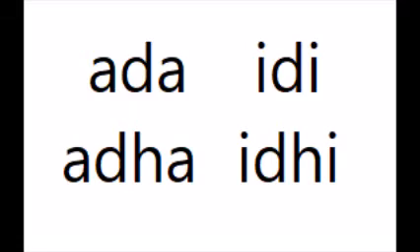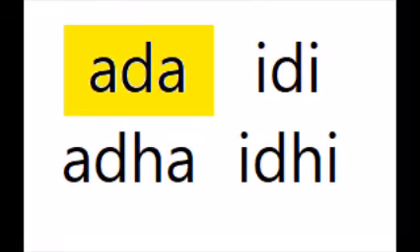So 10 minutes in and we're only just getting to the letter D, but we have laid a lot of groundwork in concepts like voicing and aspiration, so hopefully it should go quicker from here on. But again, a D in English is voiced and unaspirated, whereas in Gaelic it's voiceless but still unaspirated. So rather than duh, it's more like duh.